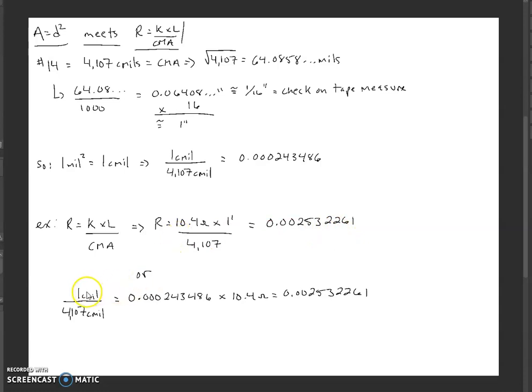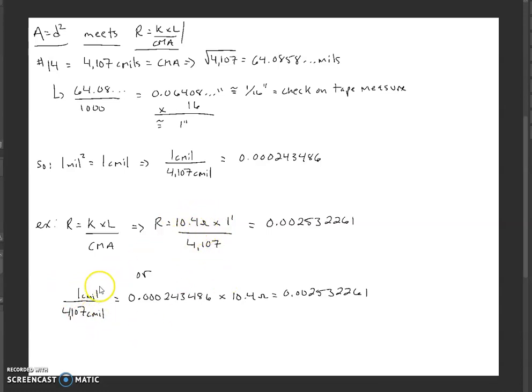But if we take the ratio of 1 C mil to 4,107, which is this number right here, and we apply it to this value, we get the same number. So there's a little hidden relationship going on.